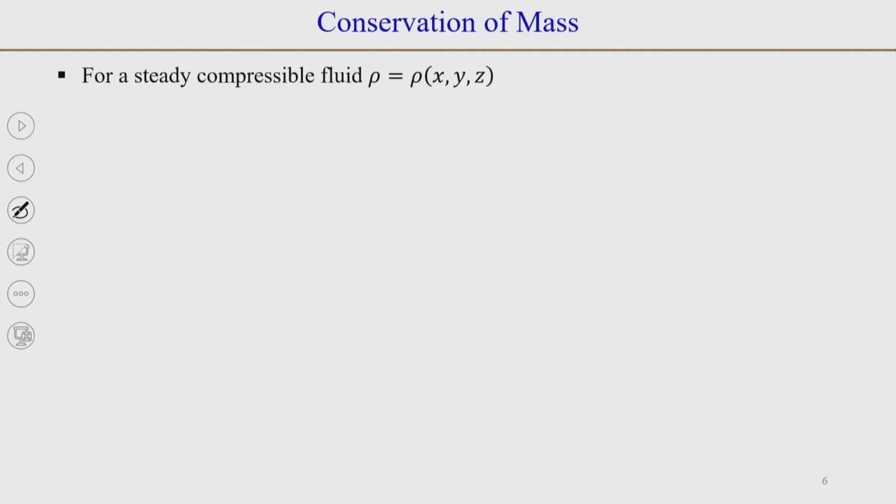Now, consider the case where the flow is steady and compressible. If the flow is steady, that means the density does not change with time, but it may be a function of space, so rho is a function of x, y, z. Then, in the mass conservation equation, because the flow is steady and the control volume is fixed, this term is equal to 0. So, you will have the integral over the control surface of rho V dot dA equal to 0.